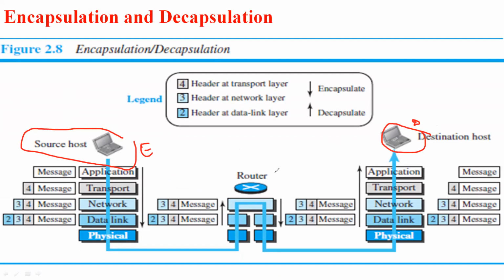In the case of a router, it performs both encapsulation and decapsulation. So the encapsulation process is carried out at the sender host and the decapsulation process at the destination host, while both encapsulation and decapsulation are carried out at a router.